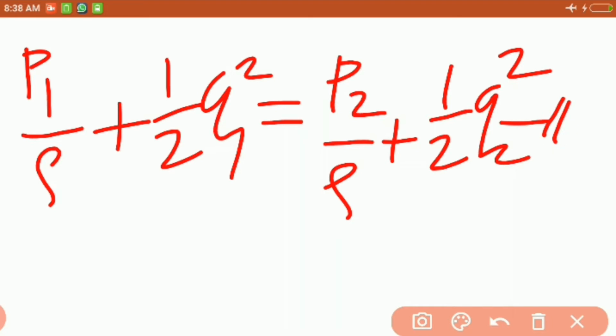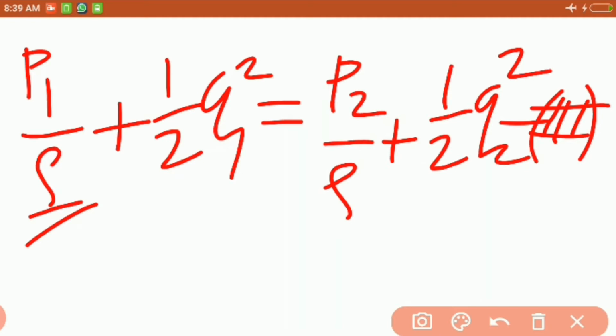This is the third. And here rho is the density of the fluid. Now eliminating Q2 from first and third equation.